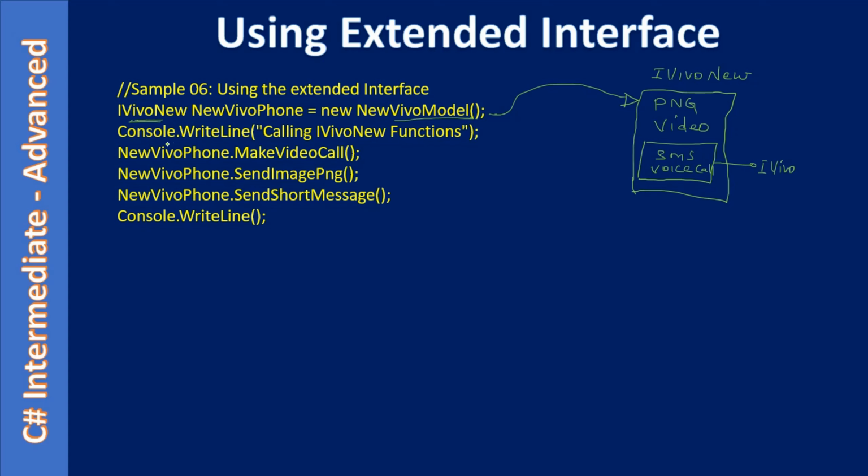Next we have some Console.WriteLine, and if you see here we are making use of the new Vivo phone, and then we are making a call to make video call, send image PNG. So this make video call is from this IVivoNew interface.